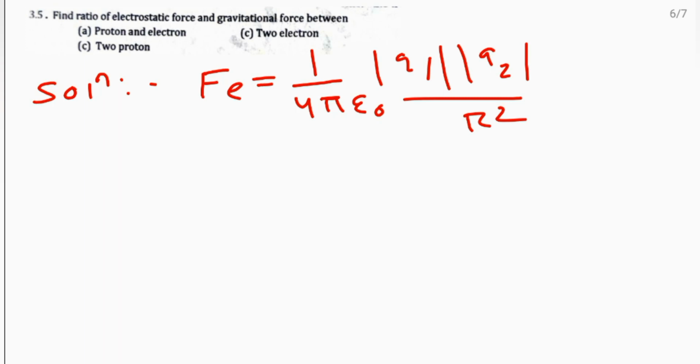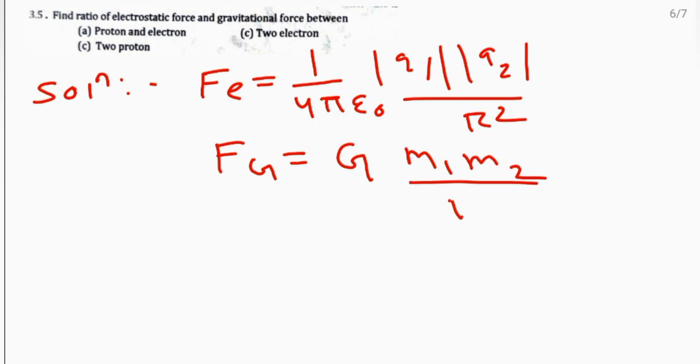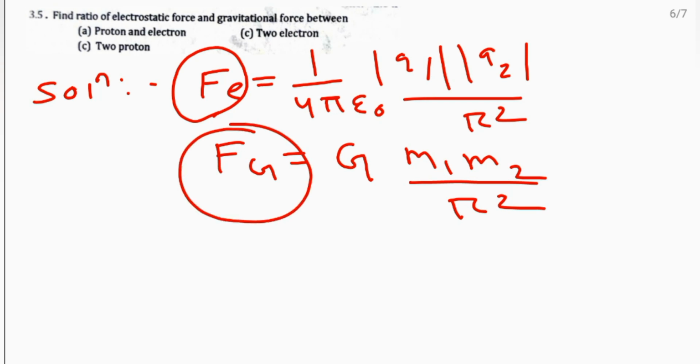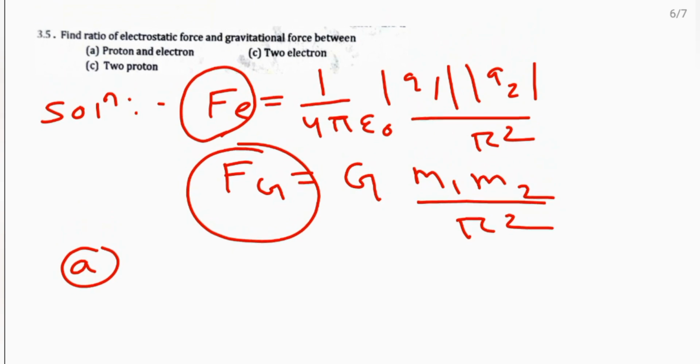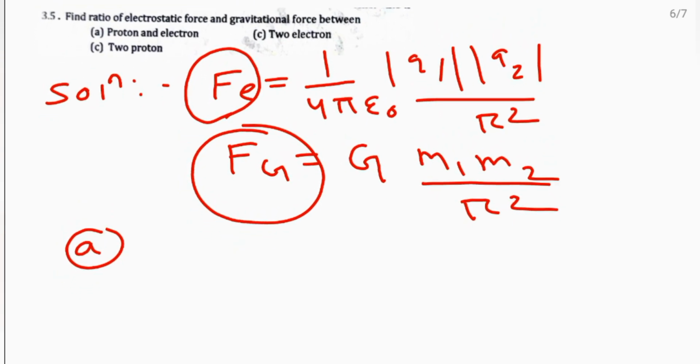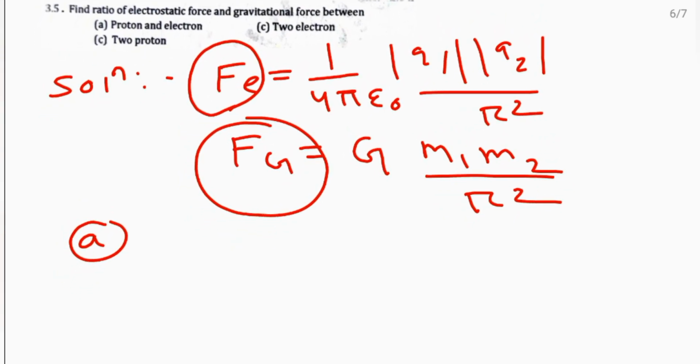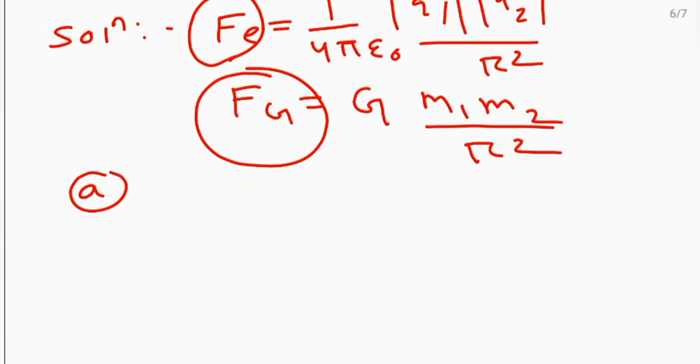And we know the formula of gravitational force: gravitational constant into m1 m2 by R square. So this is the electrostatic force, and this is the gravitational force. Now we will go to the first point A. It is given: find the ratio of electrostatic force and gravitational force between a proton and an electron.